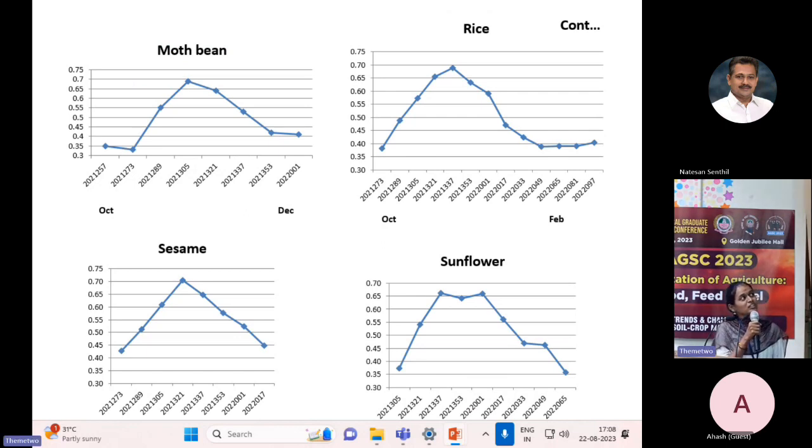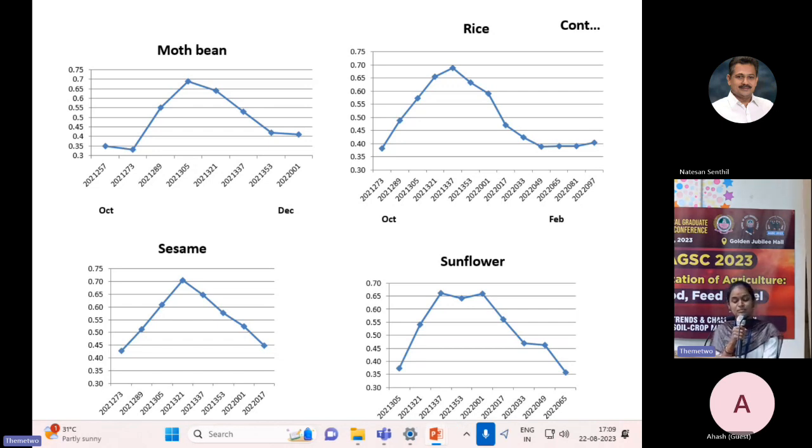For black gram, it starts in October and ends in December. For rice, it starts in October and ends in February. For sesame, also October to January only. Sunflower starts by the end of November, and ends in January.